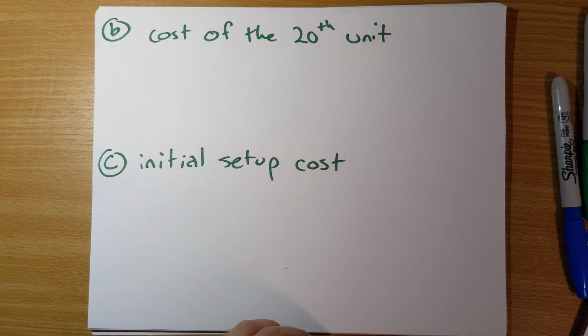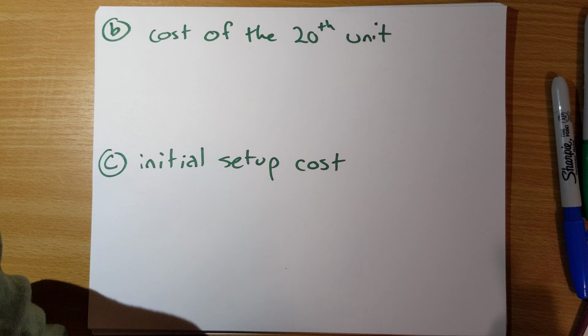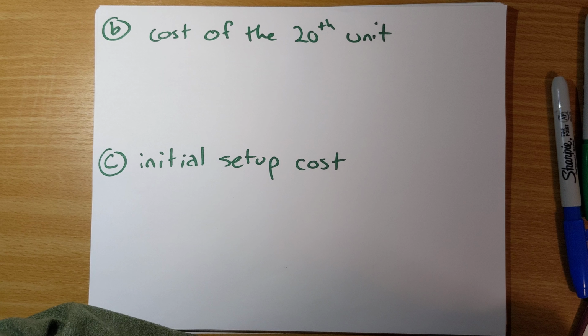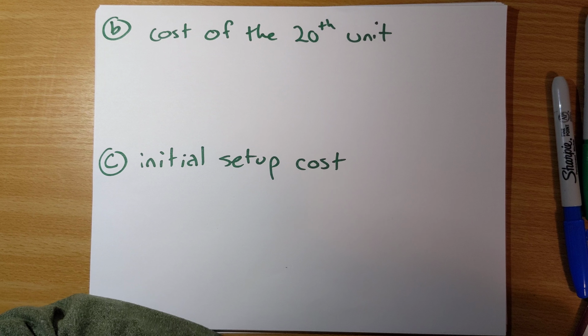The next question is, what's the cost to produce the 20th unit? So this isn't asking the total cost of producing all 20 units. This is producing the 20th unit itself. Well, how do we think about this? If we want to produce 20 units, we're assuming we're producing them one at a time.